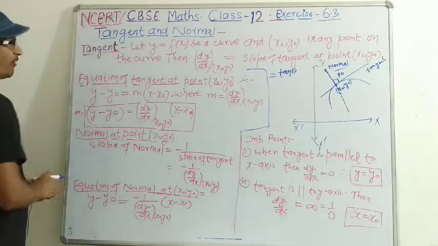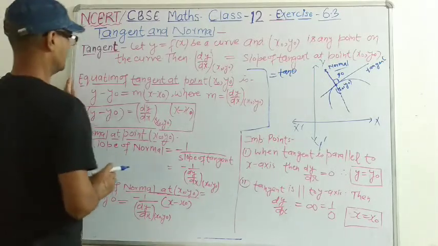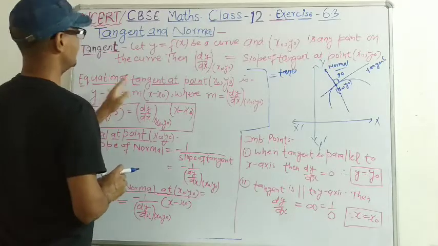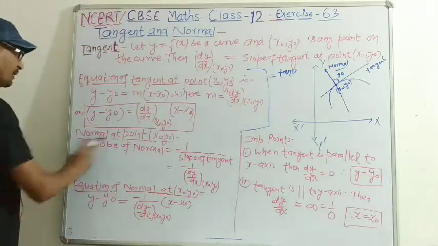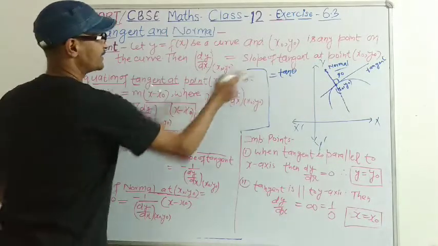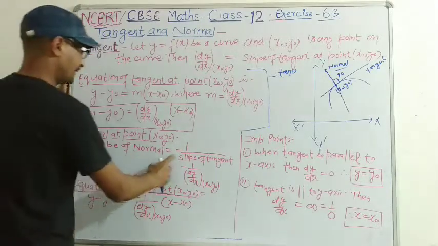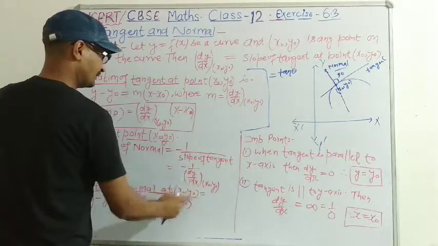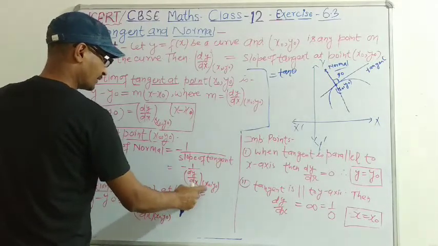Now the second thing is normal. This was the slope of the tangent, dy by dx. Slope of the normal क्या होता है? Reciprocal of the slope of the tangent with negative sign. That means slope of the normal is minus 1 by slope of the tangent, that is minus 1 by dy by dx at the point (x0, y0).